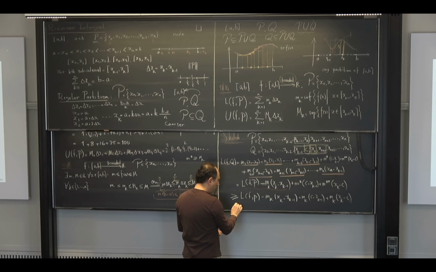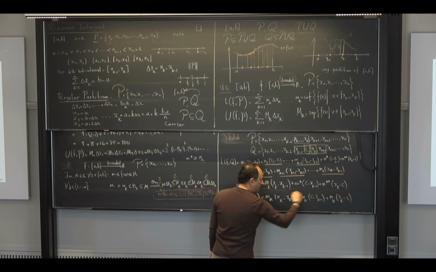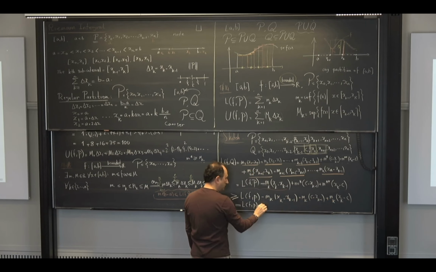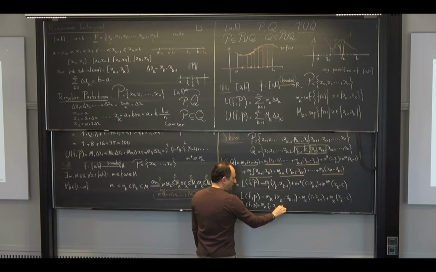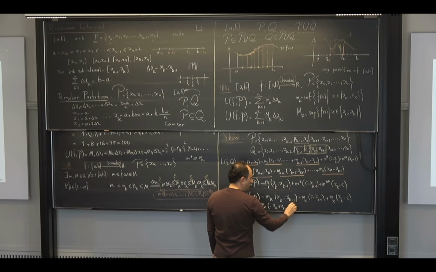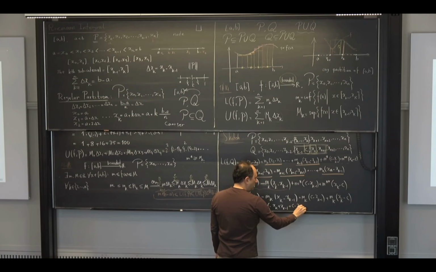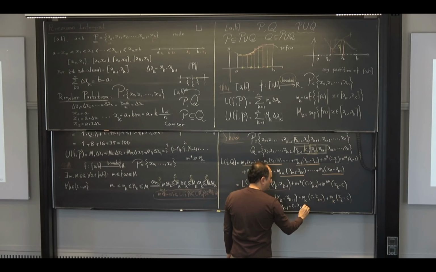Now again, I go to equality. I copy and paste this one. Between all these terms, I factor mk out. This is a minus sign, so it becomes minus xk plus xk minus 1. This one is c minus xk minus 1. This one is xk minus c.